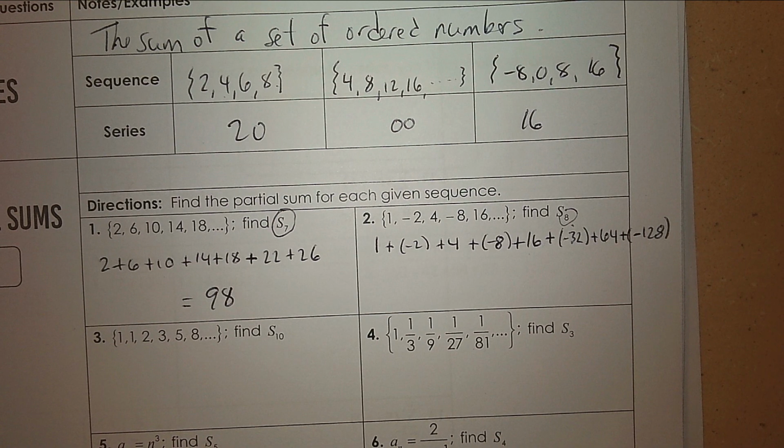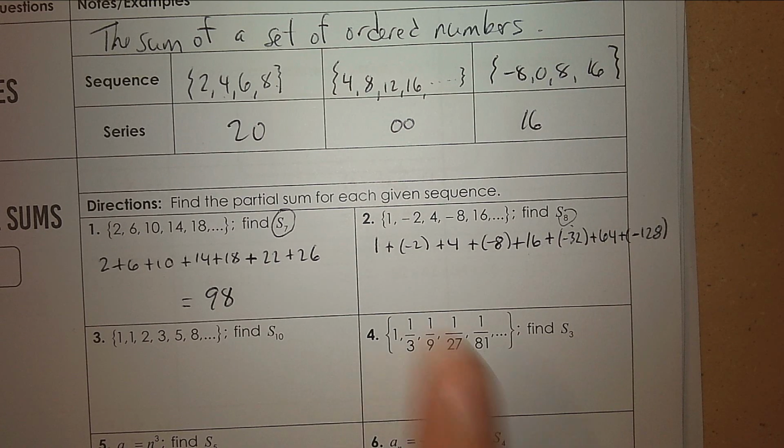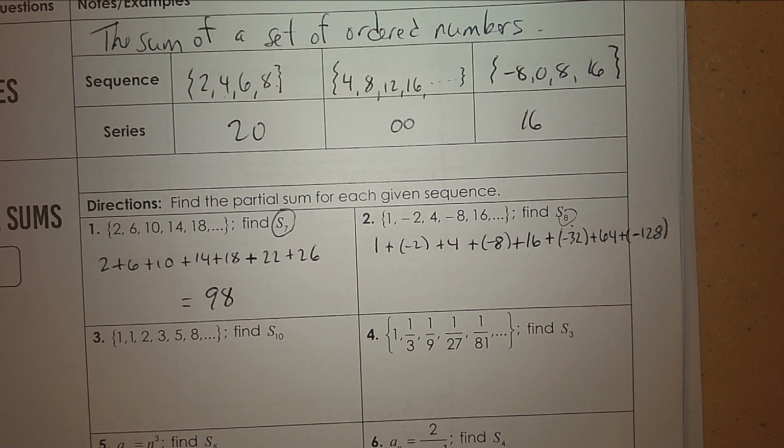And if we ended at 64, it would likely be a positive sum, right? So can you add it up? When you see plus a negative, you can just subtract. So 1 subtract 2 plus 4, subtract 8 plus 16, subtract 32 plus 64, subtract 128.